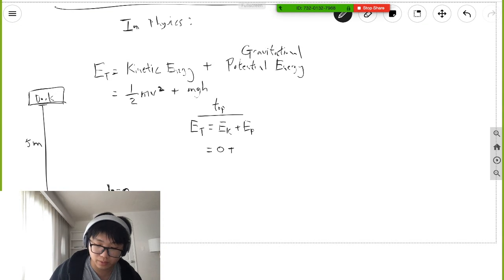So let's look at all these quantities. For kinetic energy, if you know the mass of something and the velocity of something, you know the kinetic energy, because it's just half m times v squared. The bigger the mass, the more kinetic energy. Think about a train going at 5 meters per second versus my bike going 5 meters per second. I think you'd rather get hit by my bike because it would have less kinetic energy.